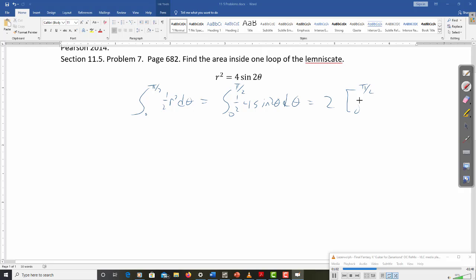Integrate sine, you get negative cosine, and since I had 2 theta inside, I'm going to have an extra 1/2. So negative cosine 2 theta, evaluated from 0 to pi over 2. That will be negative cosine of pi plus cosine of 0. Cosine of pi is negative 1, so that's positive 1 plus 1 equals 2.